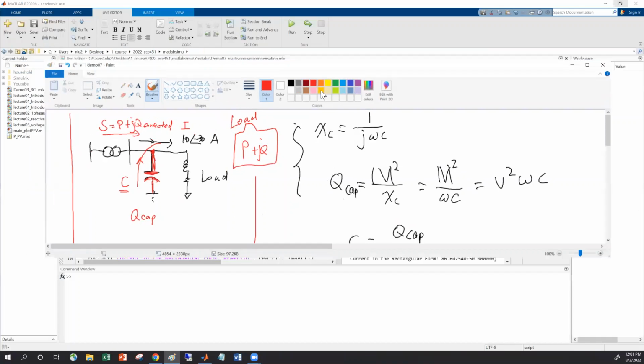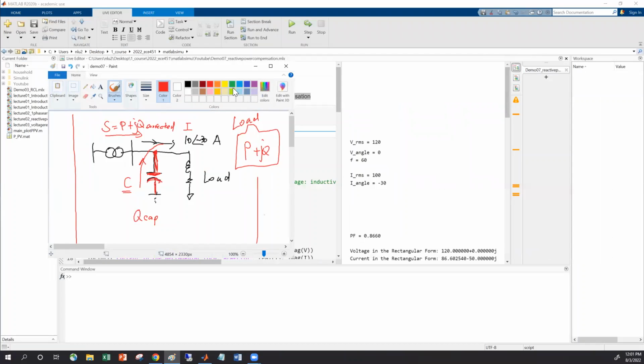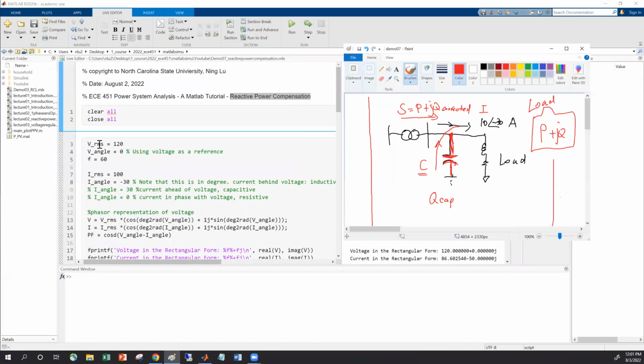Okay. So you can see from this view graph, just move it over to here, the setup is we have the RMS value, which is 120. And then we have the angle, where we use the voltage here as a reference.